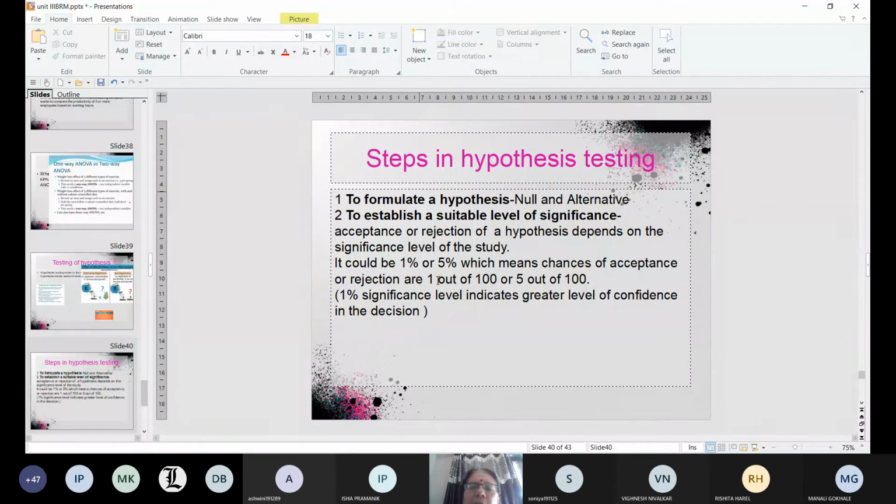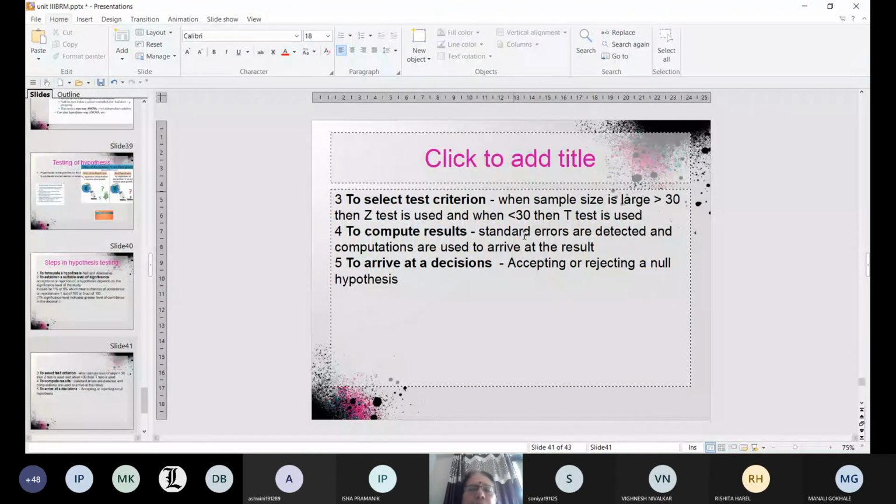What does this mean? It indicates the level of confidence in the decision. If it is 1%, the chances of error are 1 out of 100. If it is 5%, the chances are 5 out of 100. So a 1% significance level indicates a greater level of confidence in the decision.